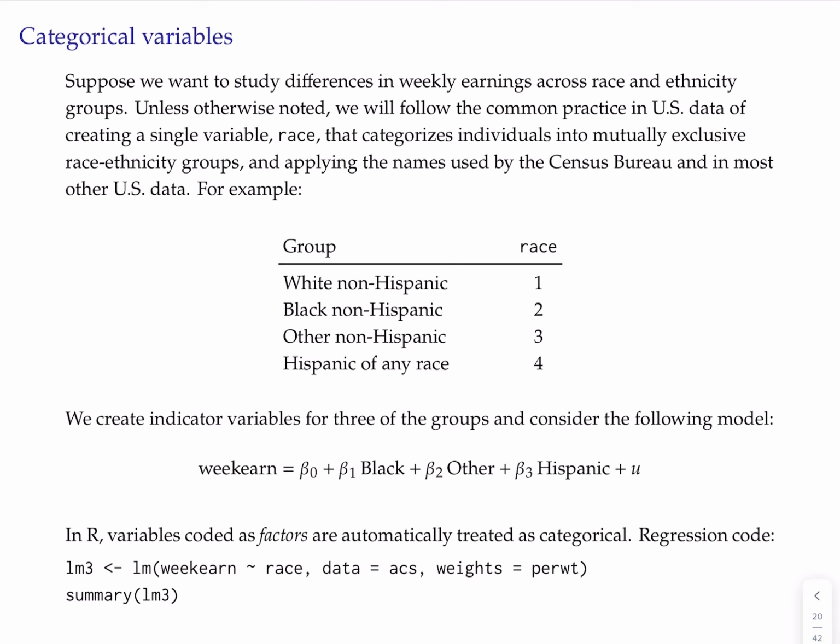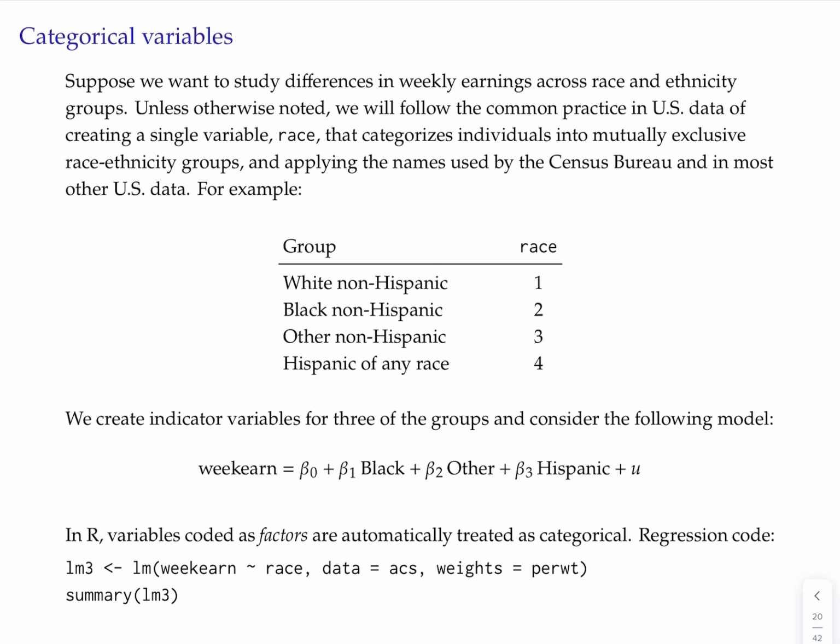Okay. In R, if a variable is coded as a factor, then if you include that variable in the regression as an explanatory variable, R will automatically do the right thing there, which is to leave out one of the category indicators and include indicators for all the other levels of that factor.